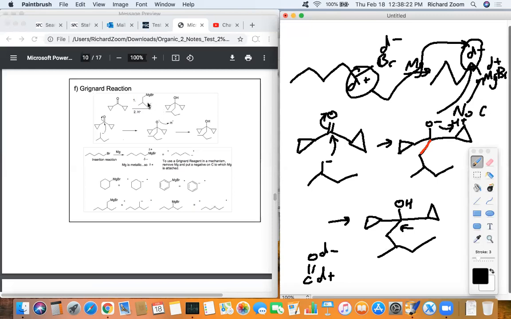Now notice how it's a 1-2 process. What does this indicate? It indicates that we're using the Grignard reagent first and then putting the H plus in a second step. This is not meant to be saying, well, you know, we use the H plus first or we have the choice of what to use. We don't, because the steps are actually laid out for us. So the Grignard reagent has to be used first and then the H plus can be used second.